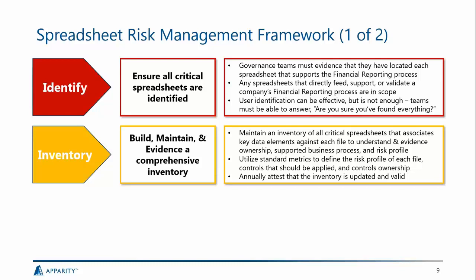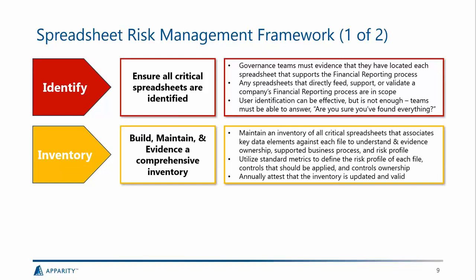Finally, you need to build a risk profile for each of these. What type of risk do these bring to the business? It's important that the risk profile you build is standardized and based on your policy. Your policy and procedures must be clear in how you're defining the risk that a spreadsheet will bring, and users need to use this policy as they help you build out your inventory so you can build this overall risk profile.